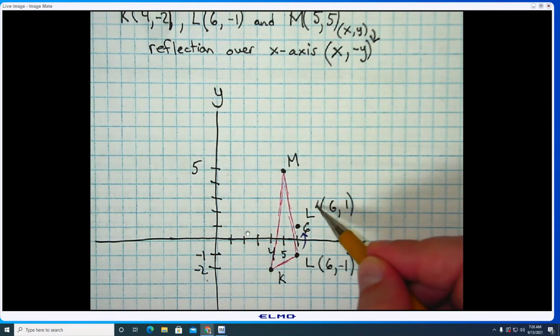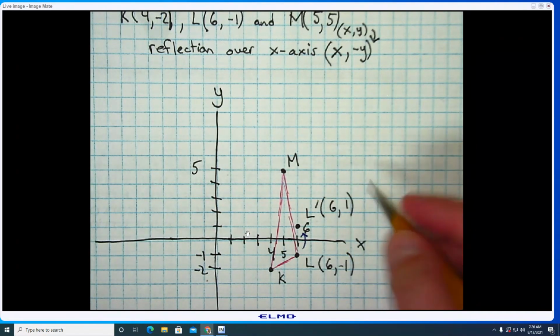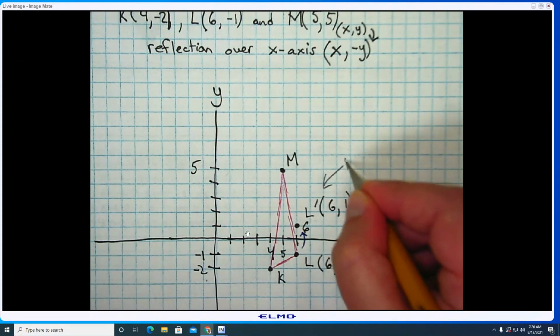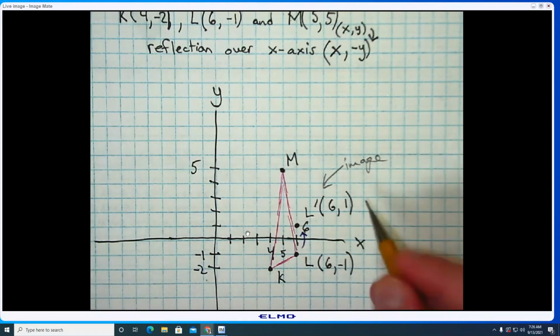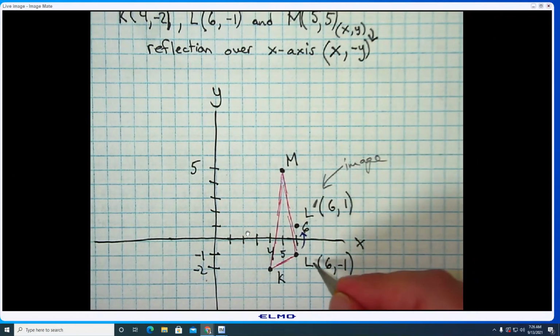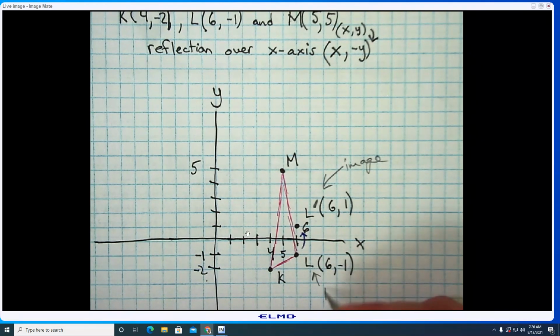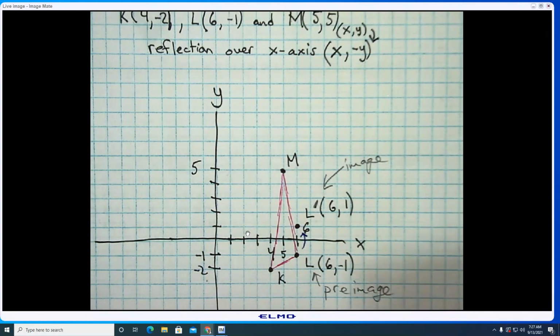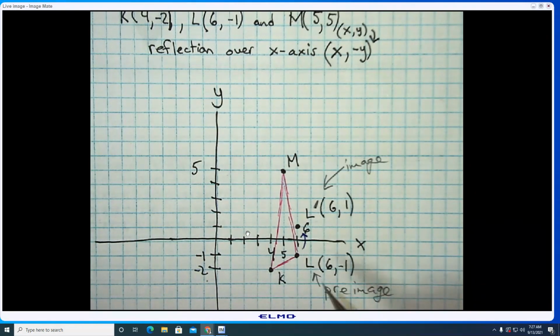Notice there's also a little prime, or an apostrophe, right here. That represents that it's the image. So that's our image. The image notation has those little apostrophes. This would be our pre-image, they call it. So before the transformation, it's a pre-image, and after it's been transformed, it's our image.